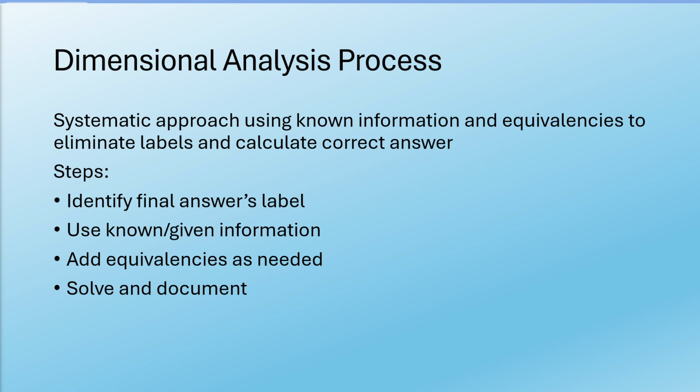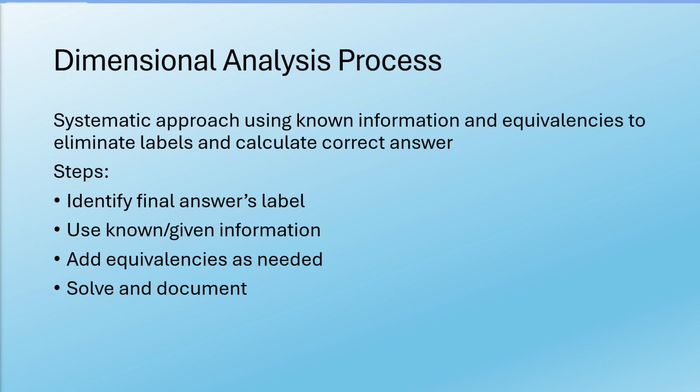If we don't identify that initially, it's very easy to set up the relationships in such a way that we can have very good math, but our final answer will be based on improper relationships. So again, we want to start with identifying the final answer's label.